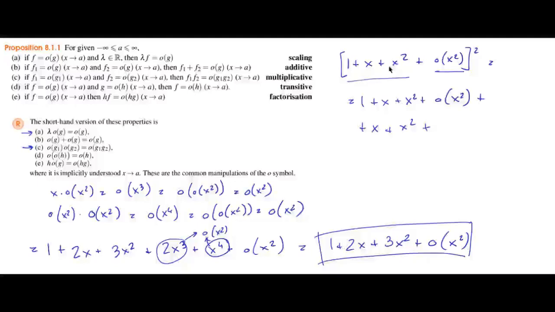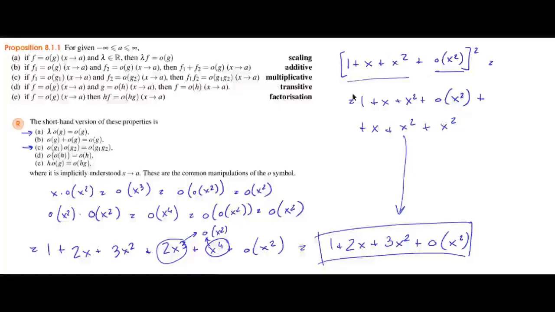And then we have x squared that multiplies 1, and everything that x squared multiplies is going to be small o of x squared, so we don't need to care about that. And everything that multiplies small o of x squared is going to be small o of x squared. So we just collect the terms, and we're done, right?